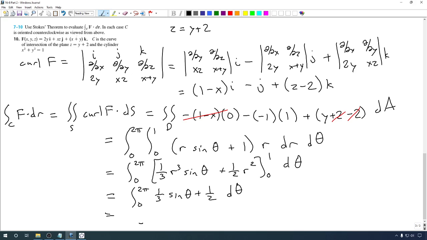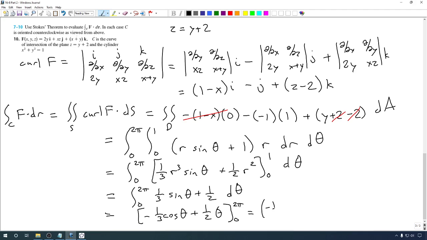Finally, we get to integrate with respect to theta. Integral of sine is a negative cosine. Integral of 1/2 is 1/2 theta from 0 to 2 pi. When we plug in 2 pi, cosine of theta is 1. So we have a negative 1/3. But when we plug in 0, cosine of 0 is also 1. So we'll end up subtracting a negative 1/3.